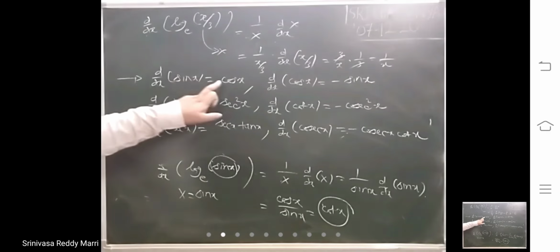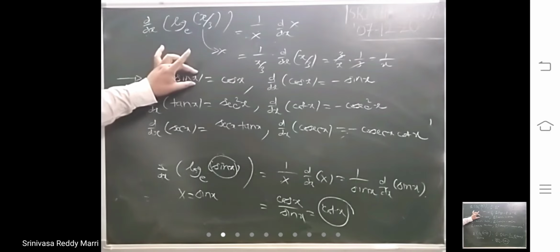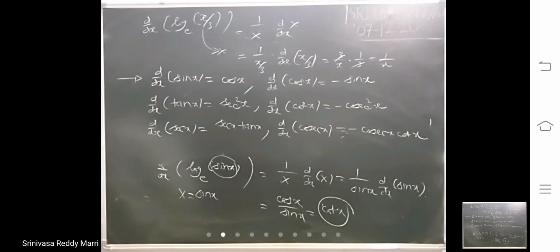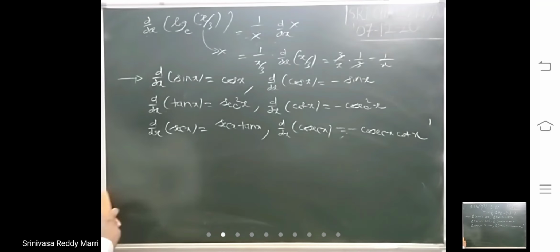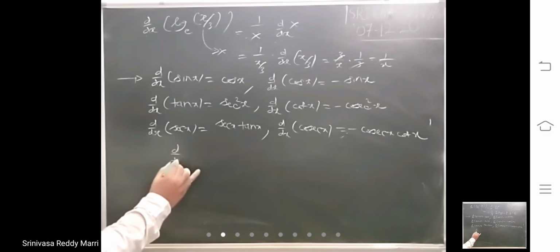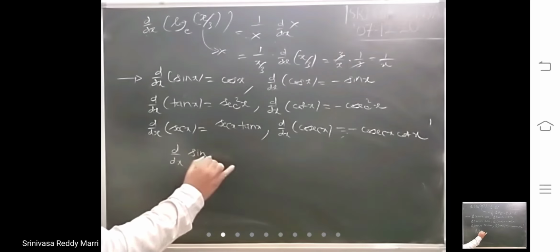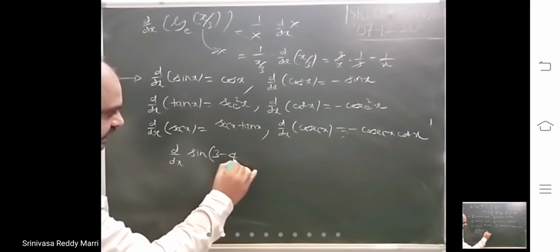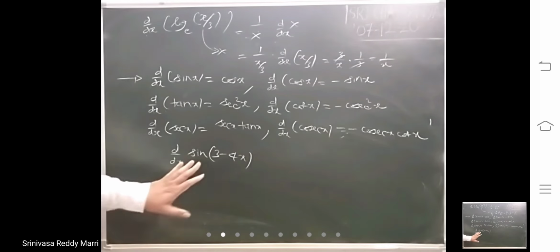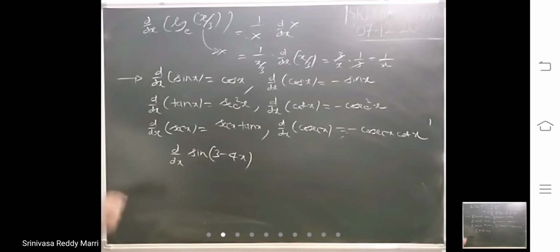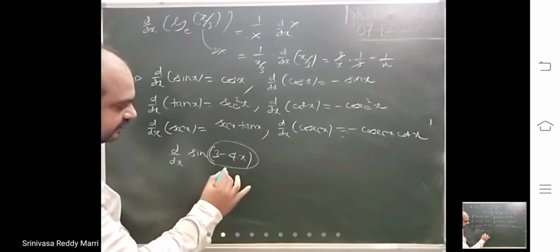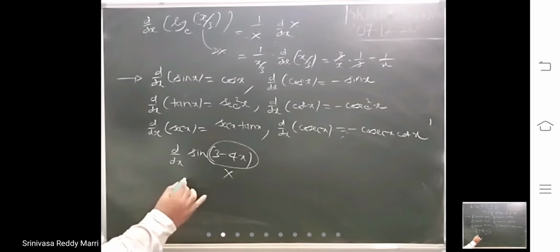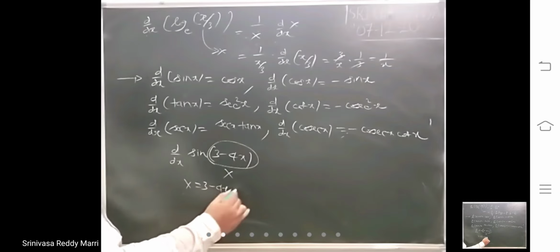When sin x is there, it is a direct rule. When sin of some variable is there, we take that as capital X and then again do the derivative for capital X. Suppose it is like this: sine of 3 minus 4x. We don't have any rule for sine of 3 minus 4x, but the sin x rule is there. Whatever the function may be, that is capital X. So capital X is 3 minus 4x.